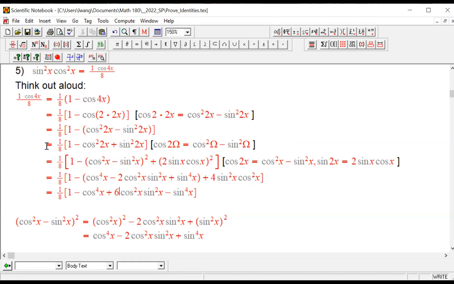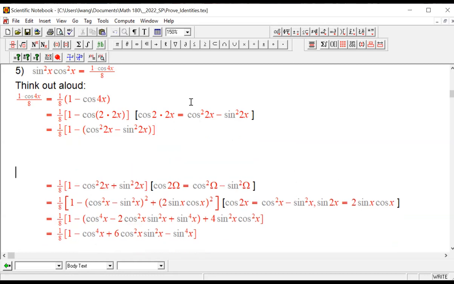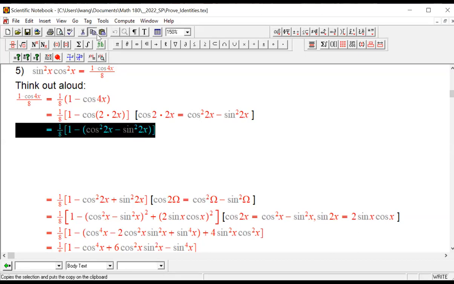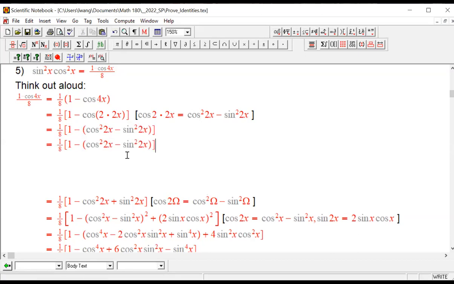Well, as I look back, when I was doing this, I did think of something else, right? So now I'm going back and I thought, maybe I can do something here. You see, this is something you can do on the scratch paper. So if I apply the sign to the inside, I'm gonna open the parentheses.